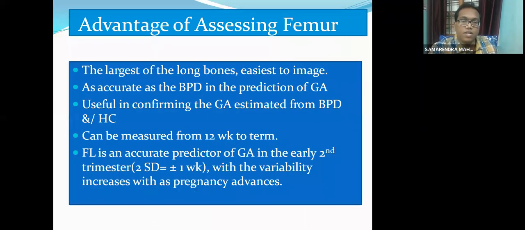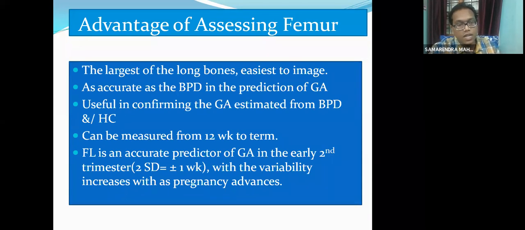So what are the advantages of assessing the femur? Because the femur is the largest of the long bones and easiest to image. It has the same accuracy as the BPD in the prediction of gestational age. And when we are not that sure of the LMP for estimating the gestational age, it is very useful for confirmation of the gestational age estimation from BPD and or head circumference.